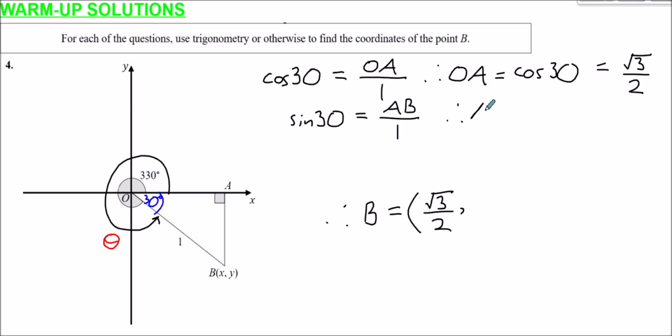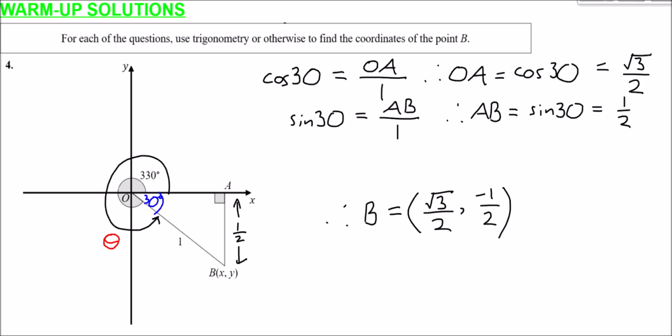Therefore, AB will simply be sine 30, and sine 30 is 1/2. And so this side here is a half. So you can see, because B is below the x-axis, it's a half below the x-axis, therefore the y-coordinate of B isn't going to be positive a half, it will be negative 1/2.